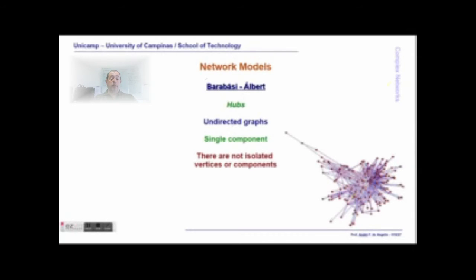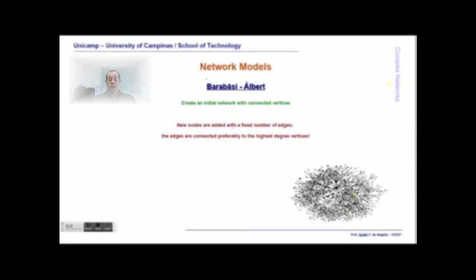The Barabási-Albert model is suitable for undirected graphs and generates a single component network. Then there are no isolated nodes or isolated components. It is interesting because there is a path between any pair of nodes in the network. Okay?